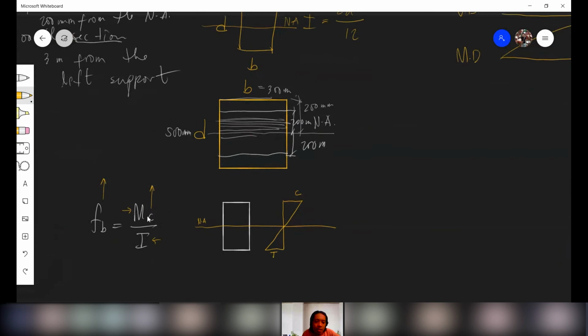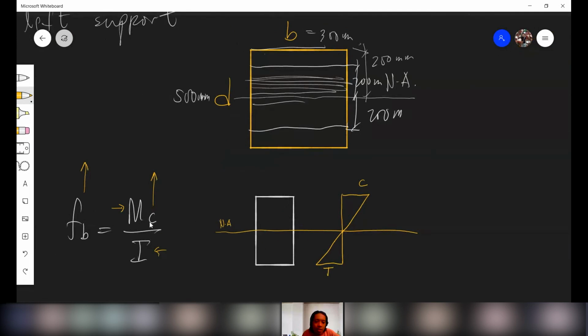C is the distance from the fiber being considered to the neutral axis on the section where you want to solve the maximum flexural stress.